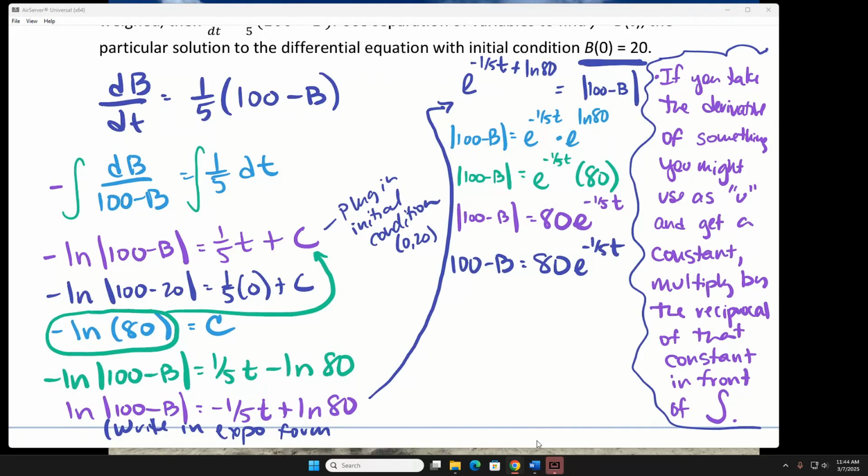Okay, and then I just need to solve this for b. So what I'm going to do is I'm going to add b, and then I'm going to subtract the 80 e to the -1/5 t.